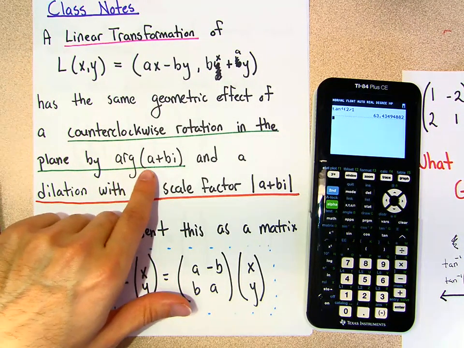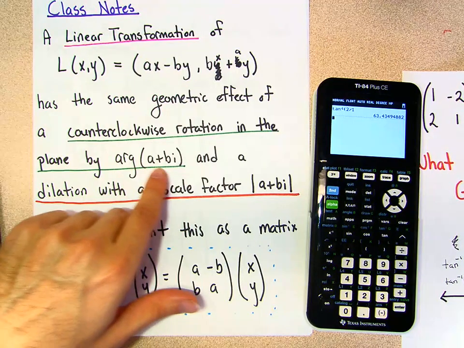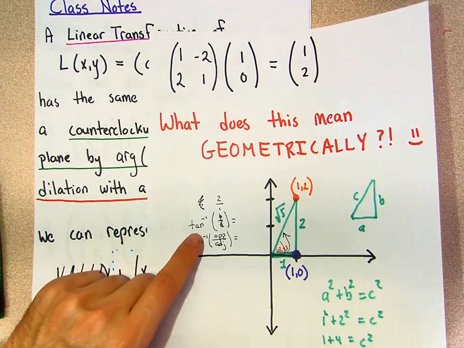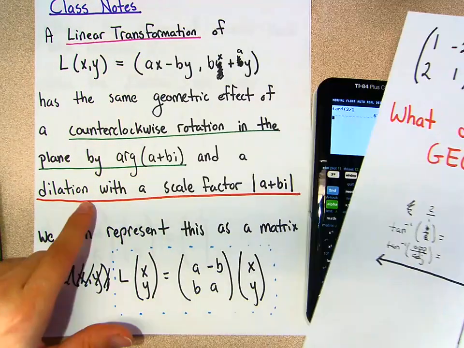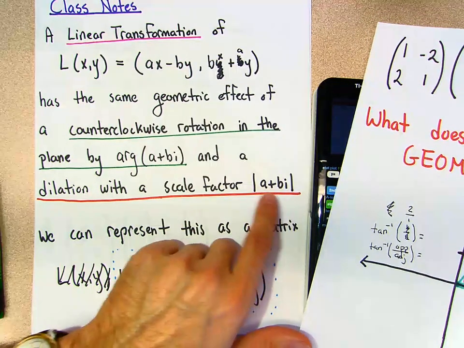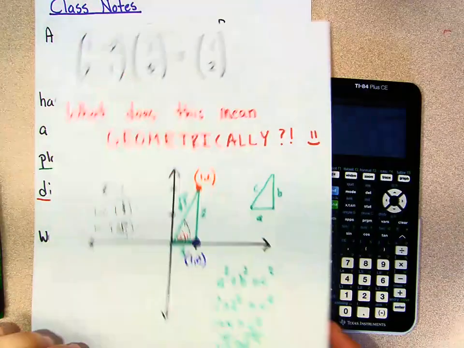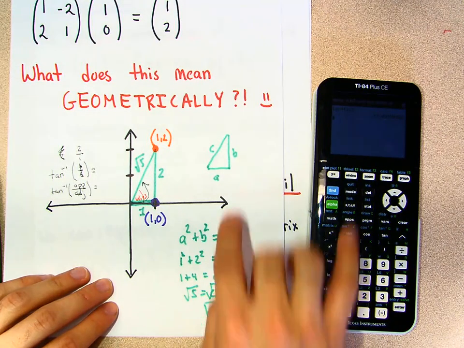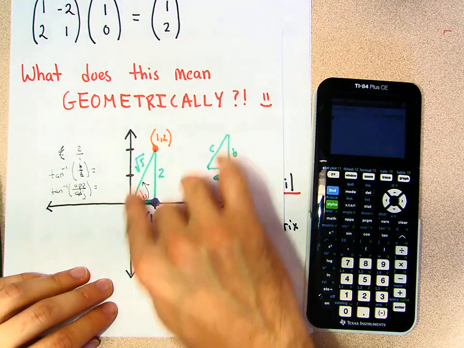Of some arc a plus bi, this is basically just telling you to do the tan inverse, okay? And this dilation, you could use the modulus form of a plus bi, or you could just do this little trick with the Pythagorean theorem to find the modulus here.